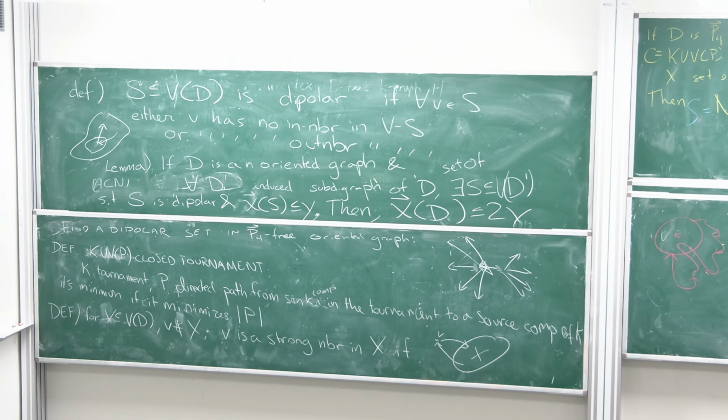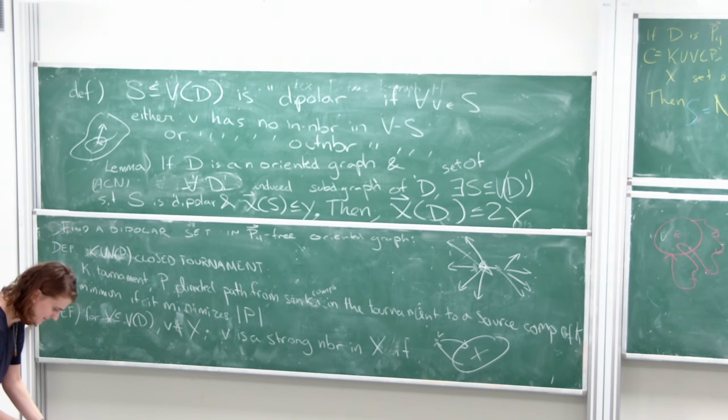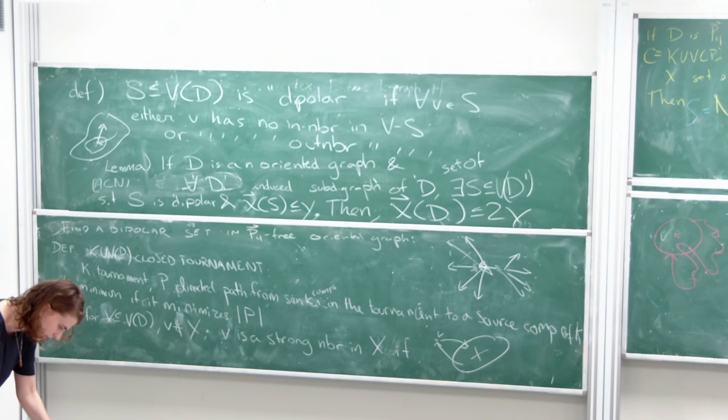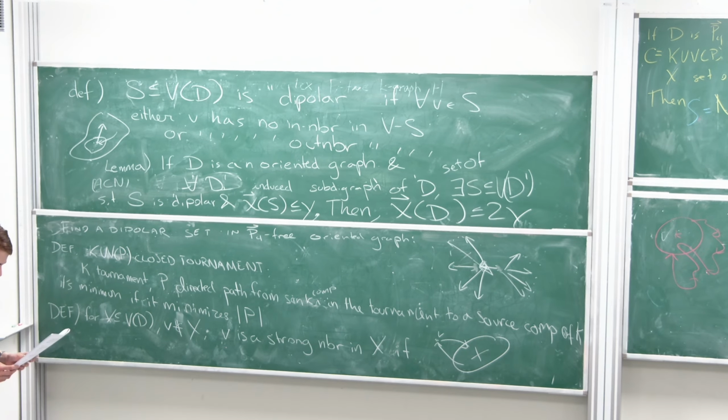So what is the bound like? Is it polynomial? No, it's simply exponential. It's omega to the omega plus 7.5, I think. For some reason, I actually calculated these bounds. So for P4-free, we get omega plus 6 to the omega plus 7.5.